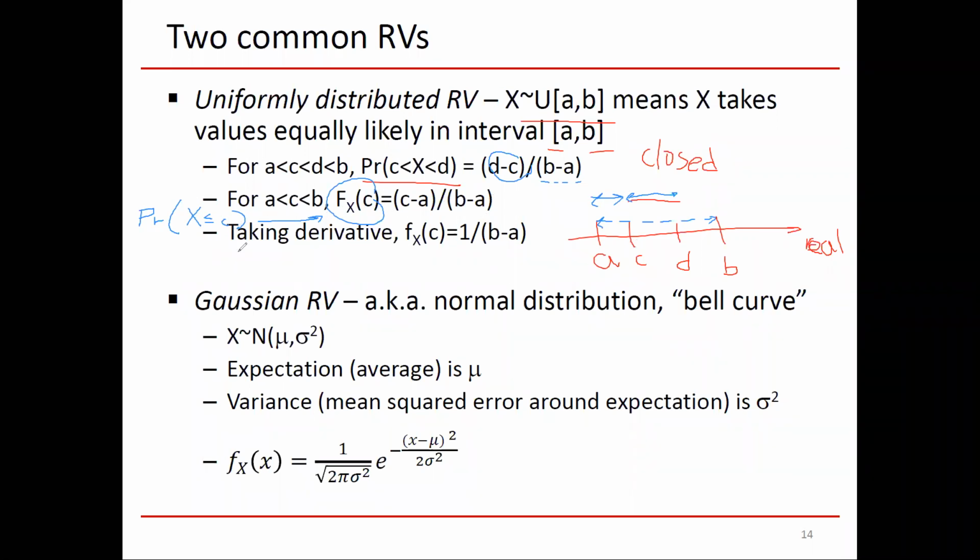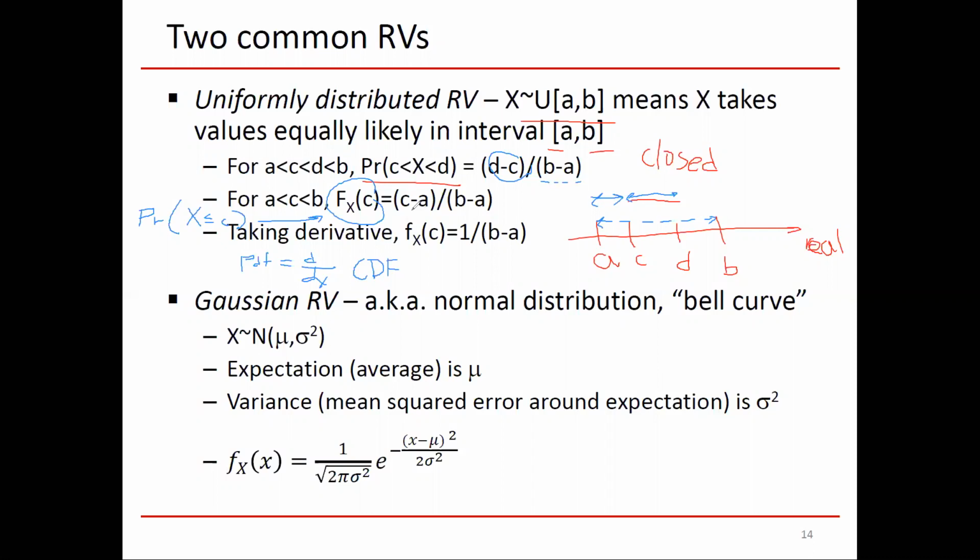Now, recall that the PDF is the derivative, d over dx, of the CDF, and taking the derivative gives us the PDF, the probability density function. Fx of C is, well, the derivative of C minus A divided by B minus A. So C is really a variable.